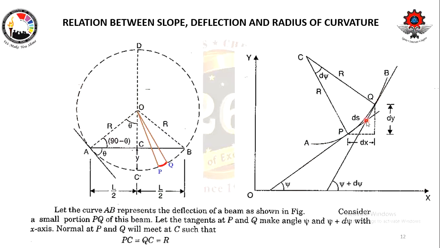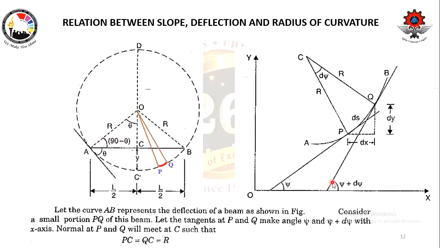Draw a tangent from P that meets the x-axis and forms an angle psi. Draw a tangent from Q that meets the x-axis and forms an angle with respect to the x-axis of psi plus d psi. Because as I told you, this PQ is a small portion and hence the angle difference will also be very small.